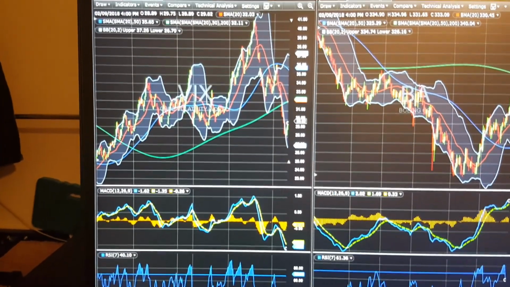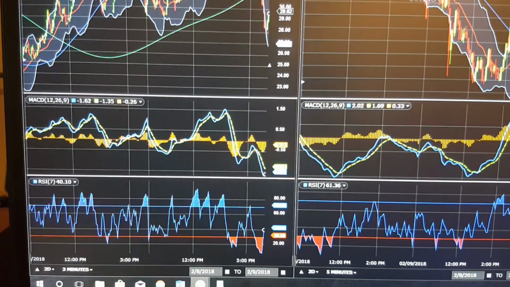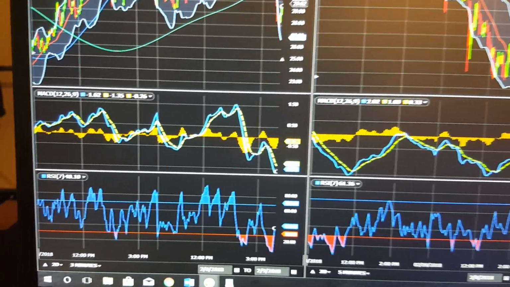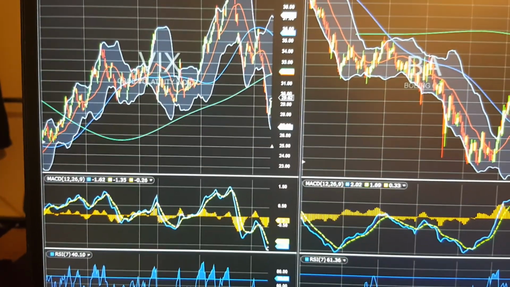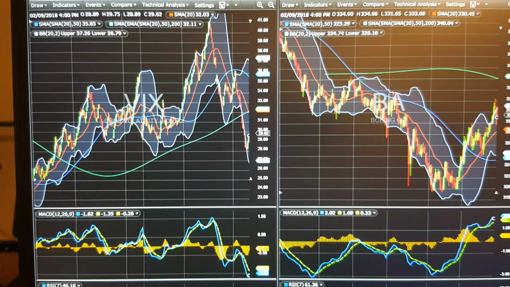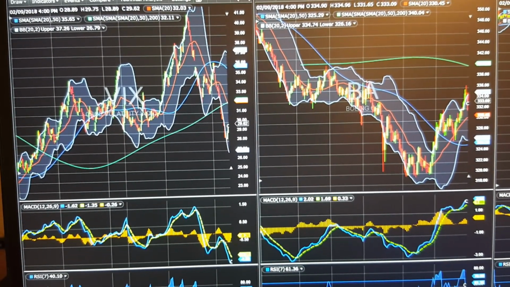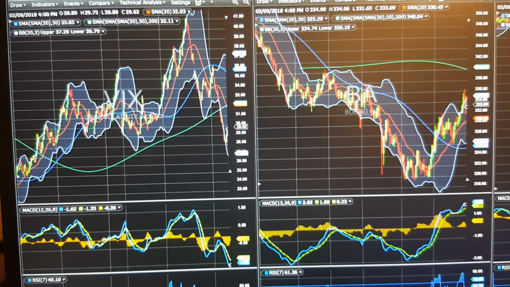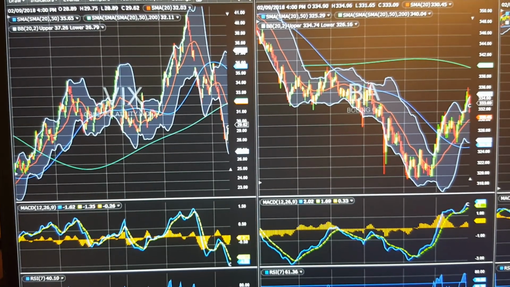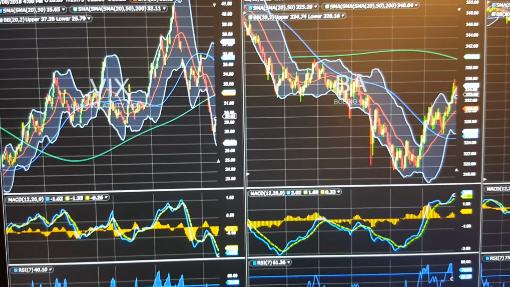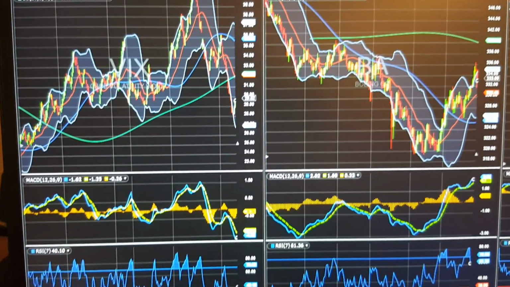All right, so I use Bollinger Bands, moving averages, and also MACD and the RSI. Those are the indicators that I use. I use these generally as a guide. The biggest ones that I use are the Bollinger Bands and the moving averages. Those are the ones that to me are the most important.